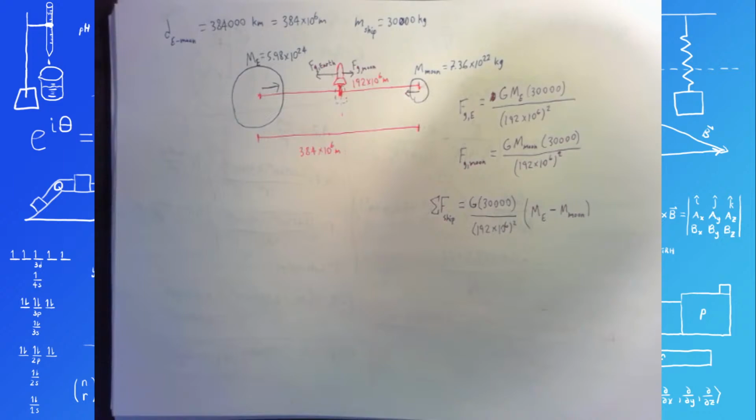I forgot my parentheses, so parentheses 192 times 10 to the 6, close parentheses and square. So there's that. And then times, in parentheses, mass of the Earth, 5.98 times 10 to the 24, minus 7.36 times 10 to the 22.